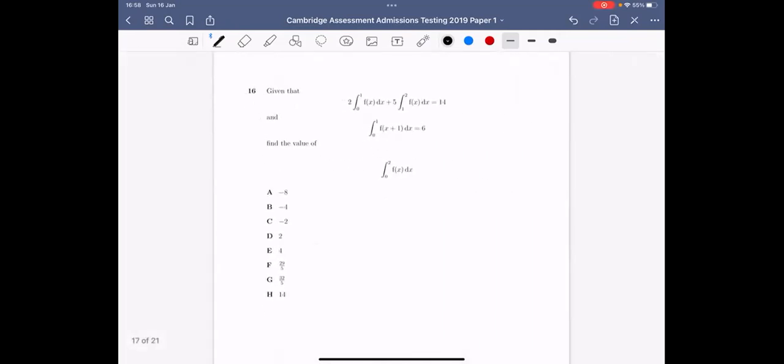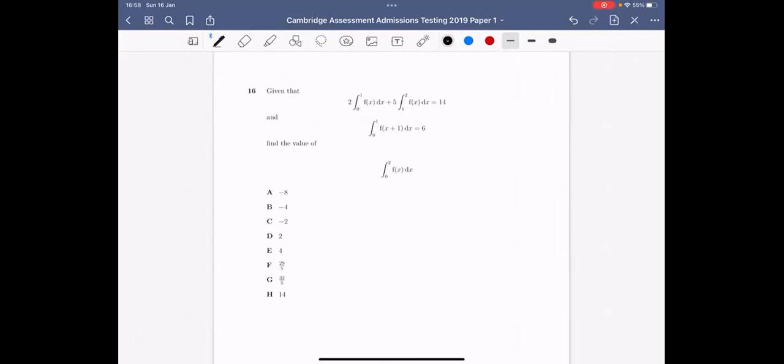Given that this function, whoa, and that is 6, find the value of. Okay, so no assumption of what this function is.